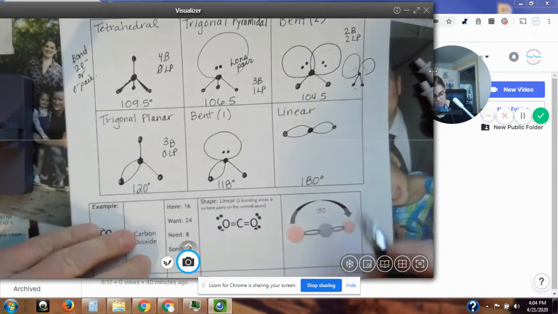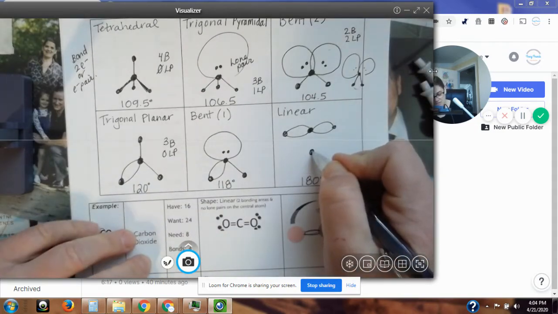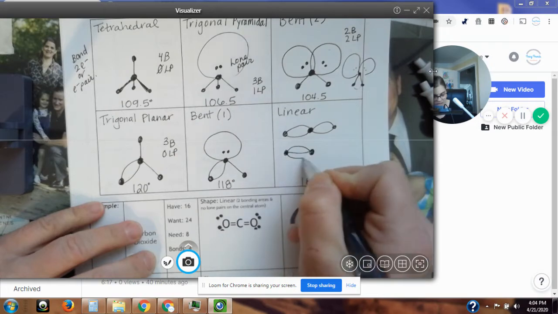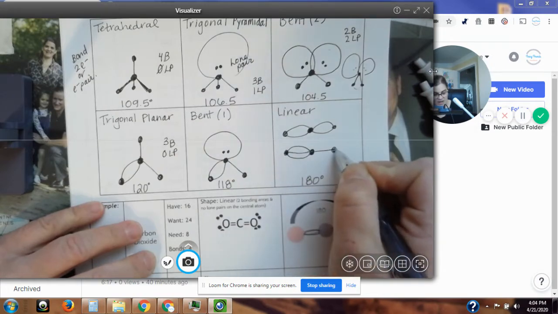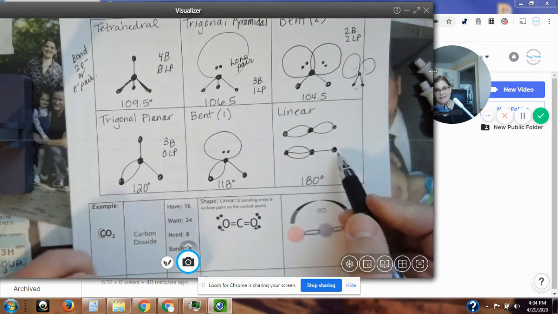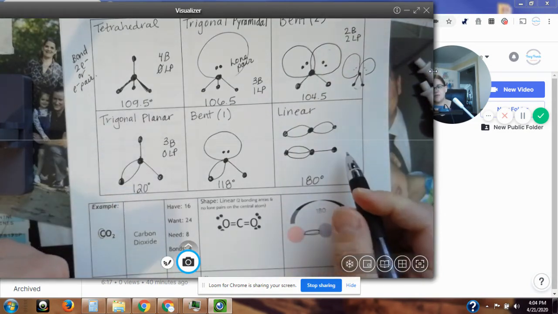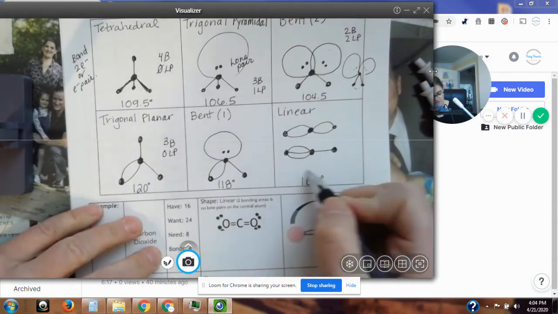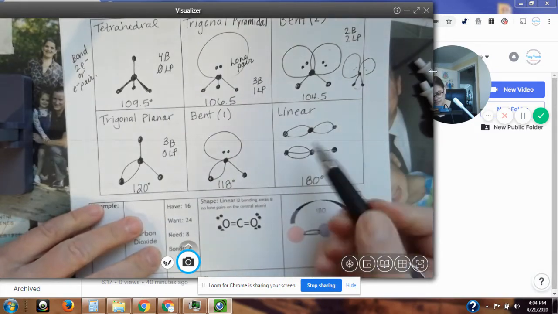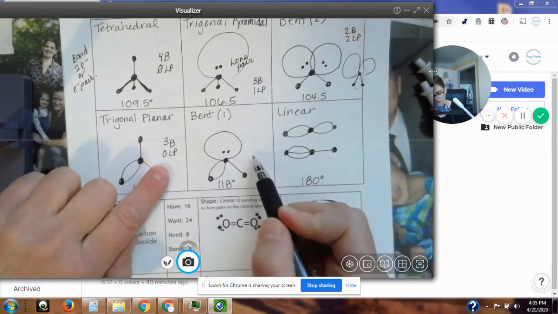So this is one situation. The other situation that you can have is a triple bond, 1, 2, 3, and a single bond. Often it's like a hydrogen on this side, or it could be a halogen, and we get 180. So from here to here is 180. Okay, so that's our linear. Now I noticed I forgot to put the bonds and the lone pairs over here.